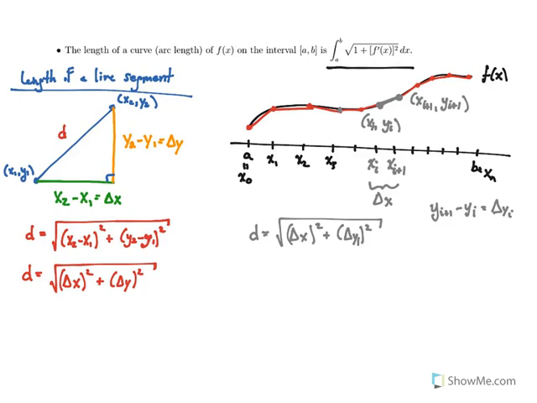And the total length is going to be approximated by adding up all of those distances from 1 to n.